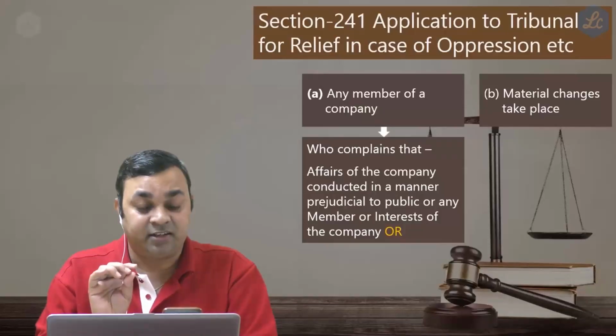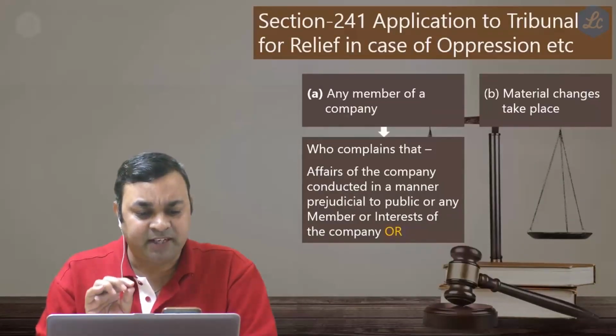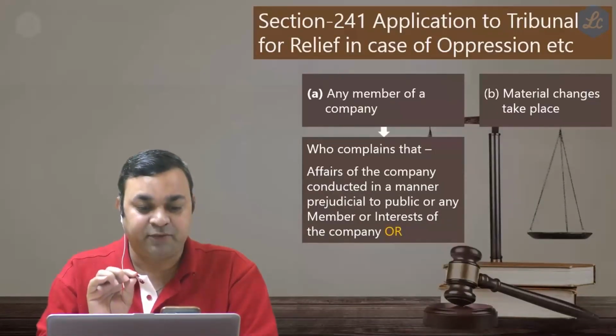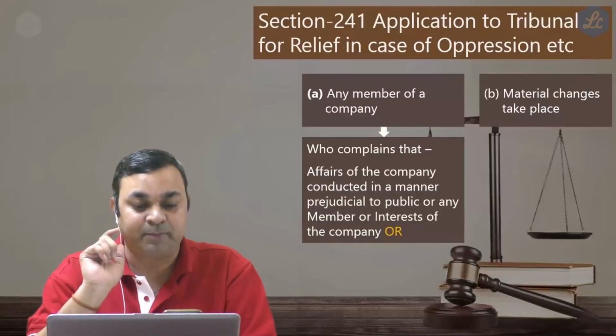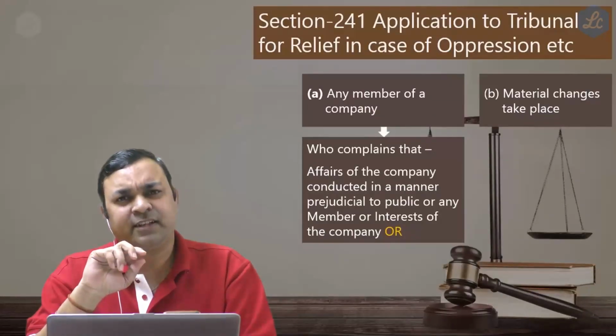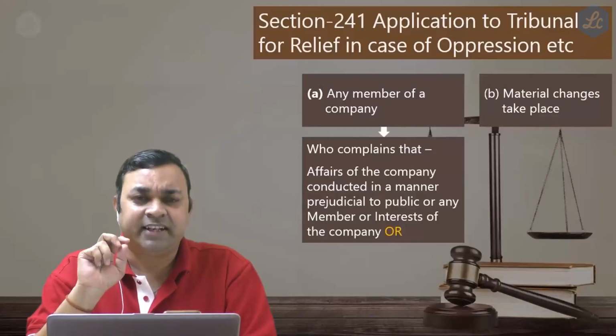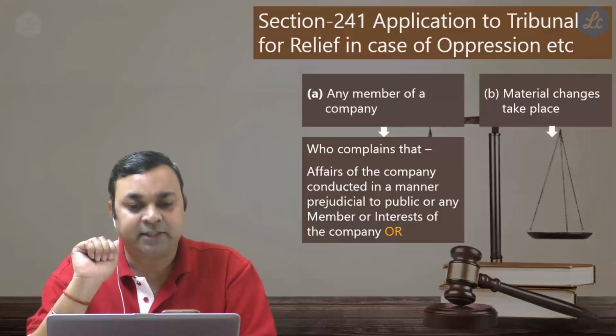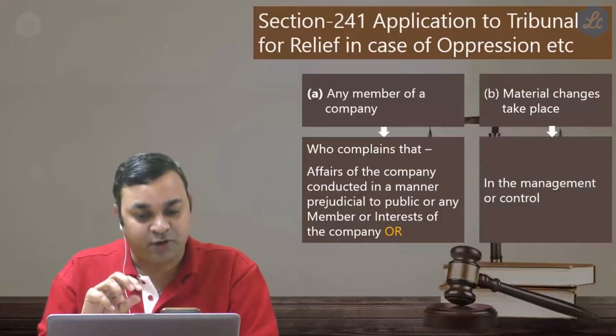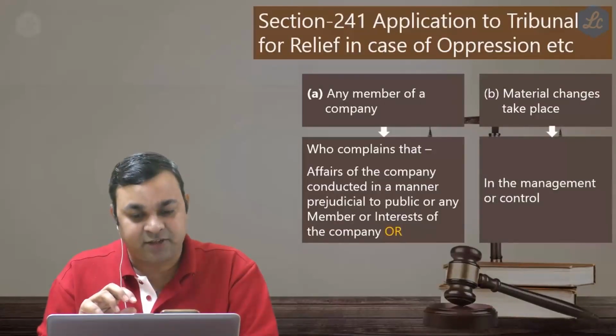Second point: any member of a company can make a complaint to the NCLT on the ground of prejudice to the public interest. Suppose there is a material change in the board of directors of the company, or in the management or control. For example, Mr. A and Mr. B are both independent or ordinary directors, and they are working very well, but other members want to remove such a director. This is called a material change.